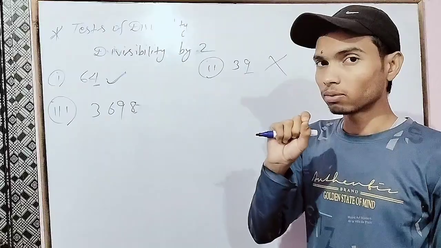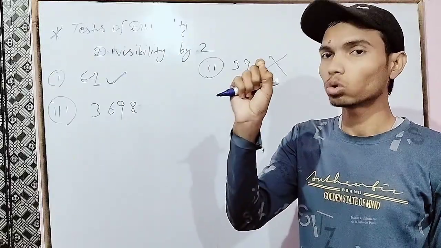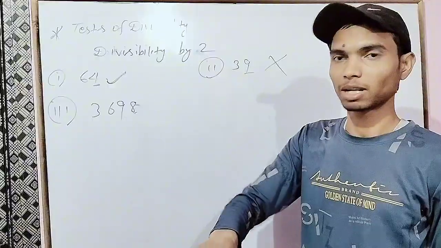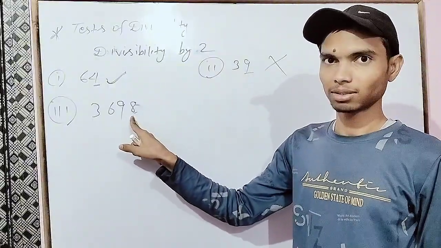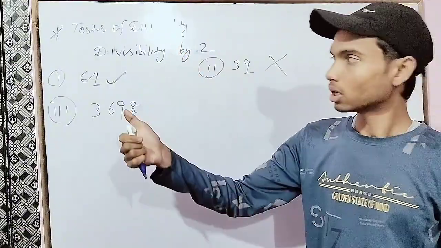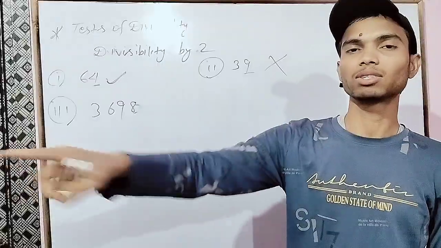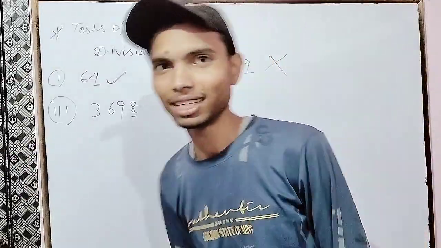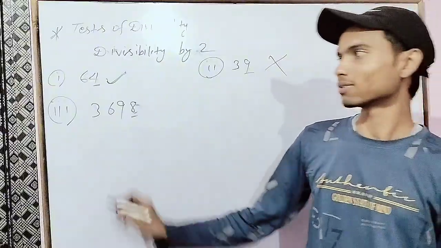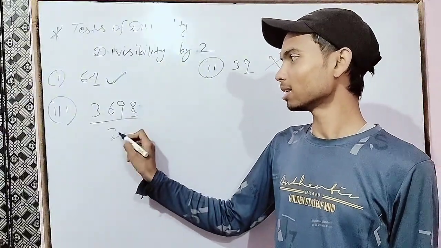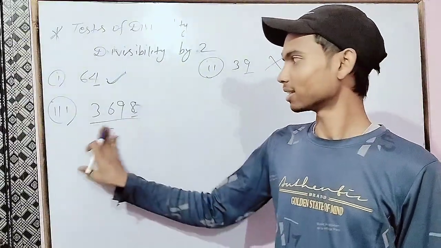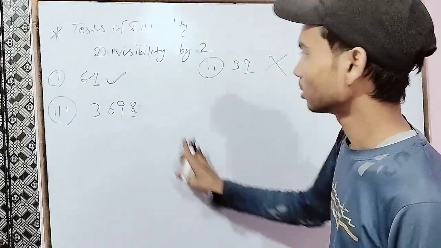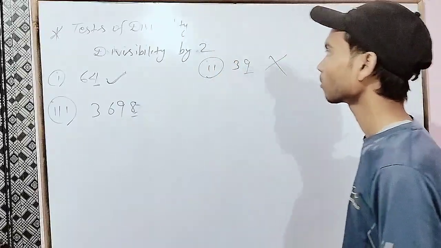First step is to observe the first digit which is at the ones place. If it is divisible by 2, then the whole number will be divisible by 2. Yeah, 8 comes in the table of 2. That's why this whole number is divisible by 2. Clear? You can even check by using the division method.